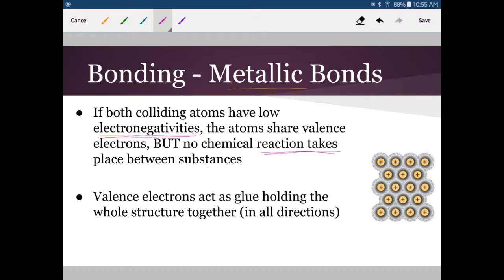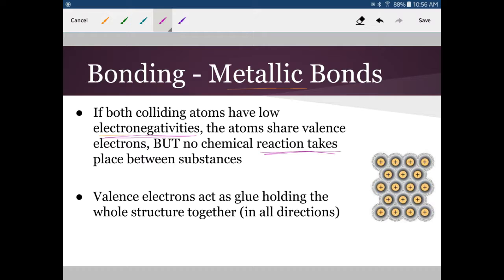There's no transfer of electrons or no real sharing of electrons, but they have these electrons that act as glue that surround our positive atoms, the nuclei of our atoms, and essentially the electrons just disperse around those positive nuclei and act as glue holding that whole structure together.